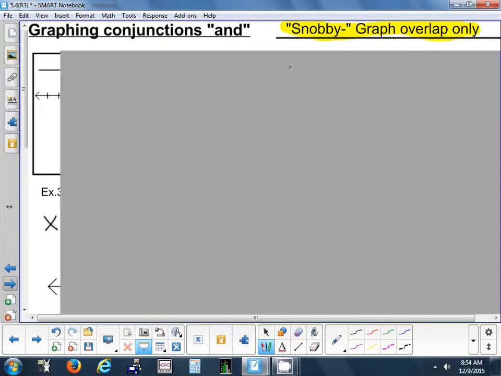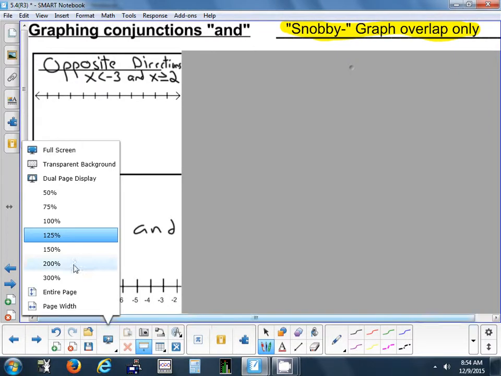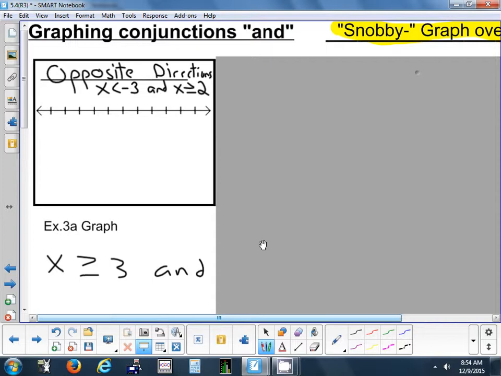We're going to have the same situation as before. The first one we did for ORs, or disjunctions, was opposite directions. We'll do opposite directions here. So if the arrows are pointing in opposite directions, like x less than -3 and x greater than or equal to 2, the inequality signs are pointing in opposite directions.